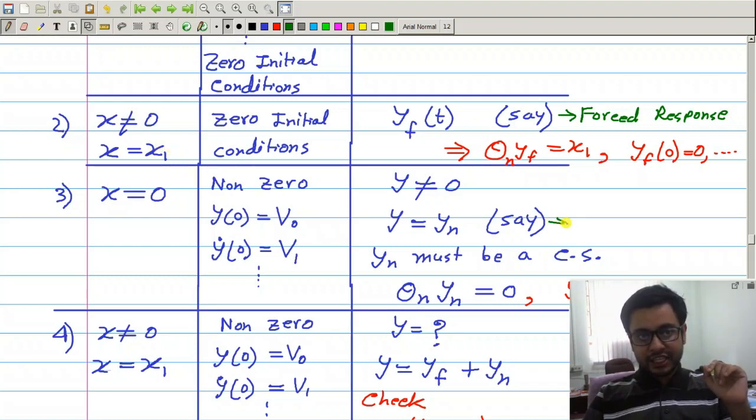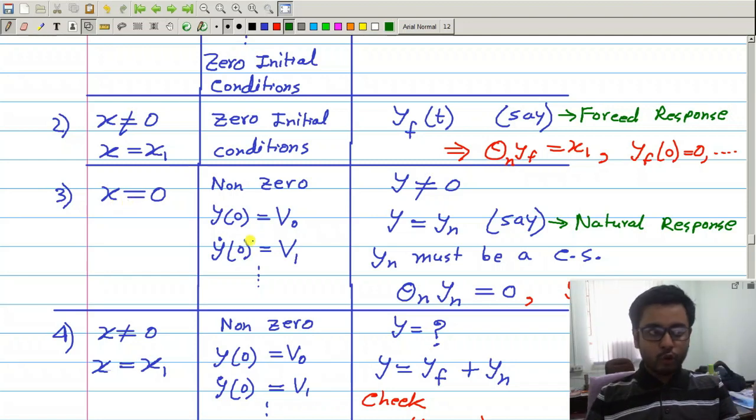And this response yn is called natural response, N for natural, and this is what we get with no input, only by virtue of non-zero initial conditions. So this is a spontaneous output that you get without any input.